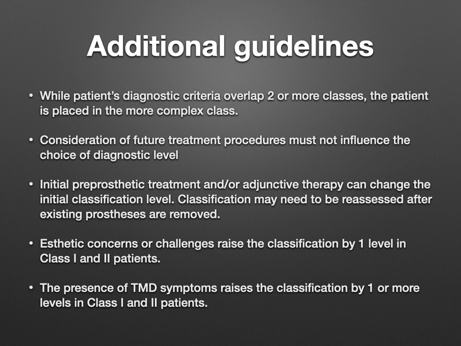The third one is initial pre-prosthetic treatment or adjunctive therapy. For example, perio or endo treatment can change the initial classification level. So the classification needs to be reassessed after existing prostheses are removed. This is related to the second additional guideline. When you do the initial diagnosis, you depend on everything in the mouth.